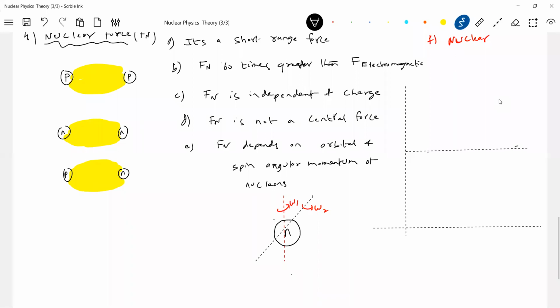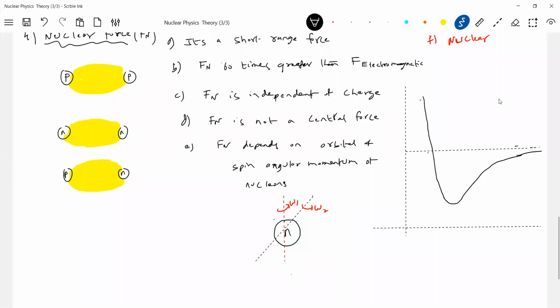In the book, this curve is not there, and there is not much information about this curve, but it's very important data.